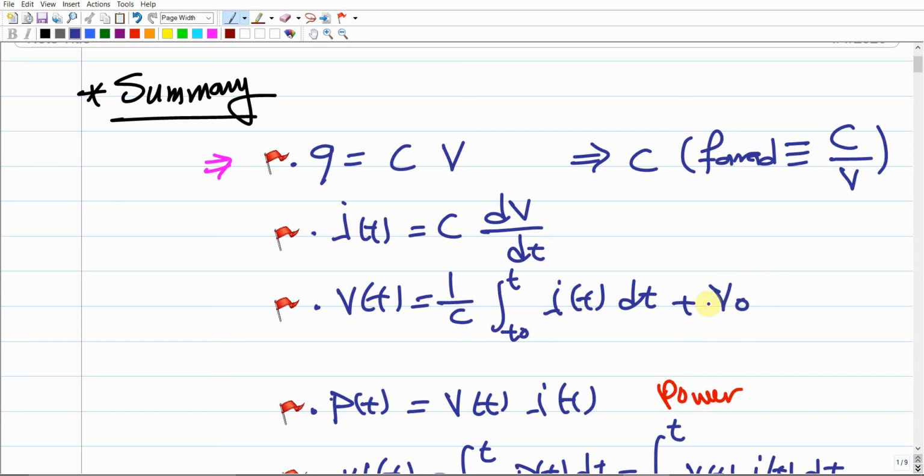Assume that there is no initial charge in the capacitor, so V0 is going to be 0. Or you can directly find the volt by Q as Q over C from this expression, right? So we have two expressions here that we can use, either one of them, to find the voltage, right?